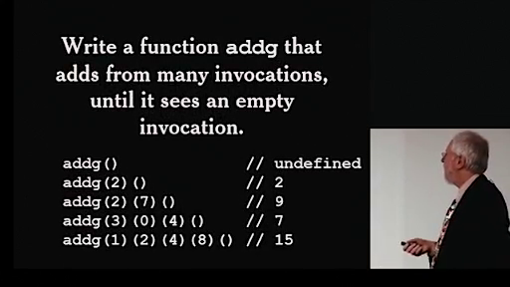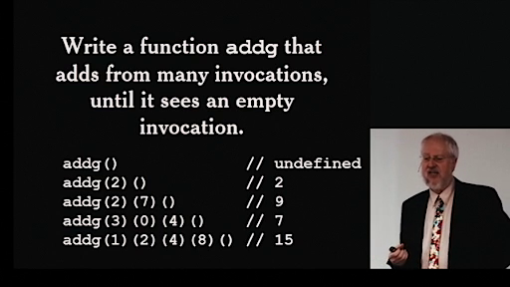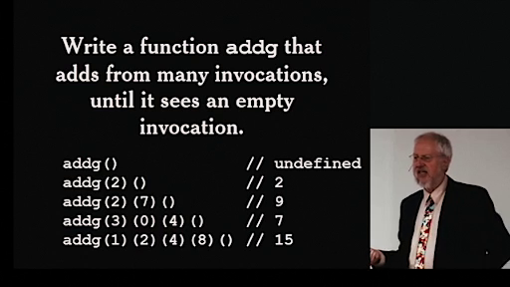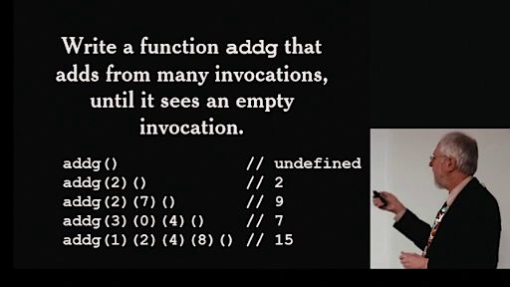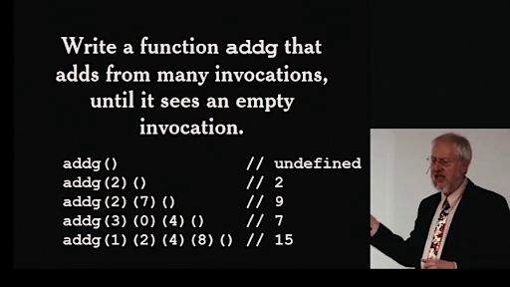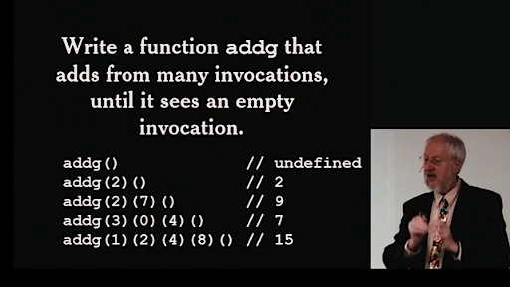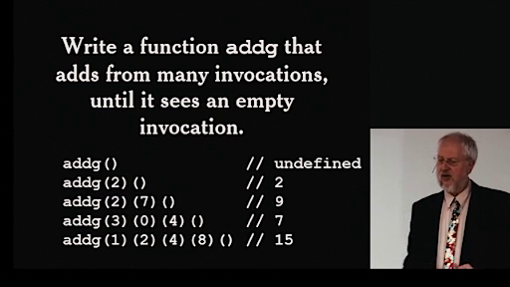The homework problem is: write a function addg that adds for many invocations until it sees an empty invocation. You know when you get an empty invocation when you receive undefined as an argument. So if you pass nothing to addg, it'll return undefined. If you pass 2 and then nothing, it'll return 2. If you pass 2, then 7, then nothing, it'll return 9.